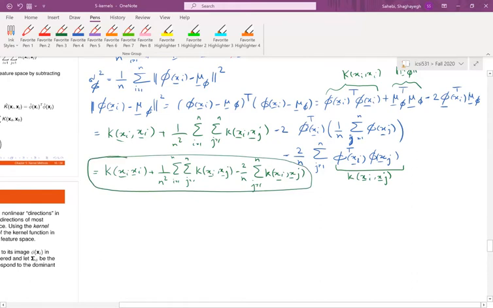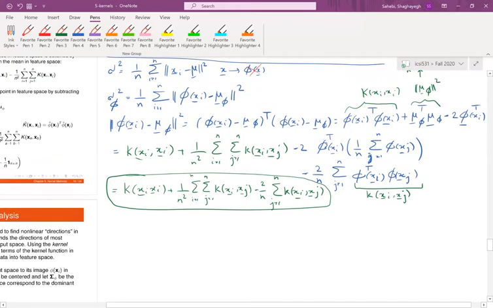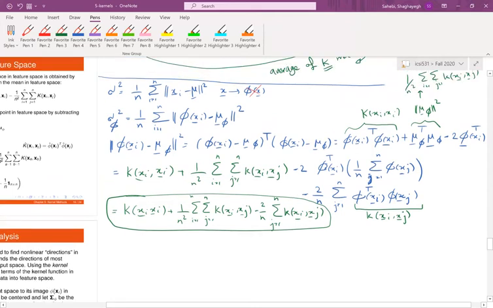Okay, so without having phi of x, I could not calculate mu phi, I could not calculate phi of xi, but I could calculate the sample variance in my data according to the kernel matrix eventually.